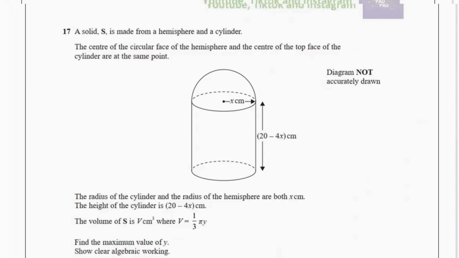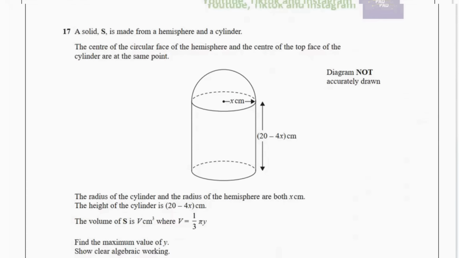Second category you can get is that they can give you a 3D shape and they can ask you to find the maximum value of the volume or surface area. Third category is kinematics, where they can ask you about displacement, speed, or acceleration. So I'm going to discuss all these three types in this predicted paper so that if any one of these comes, you know how to solve it.